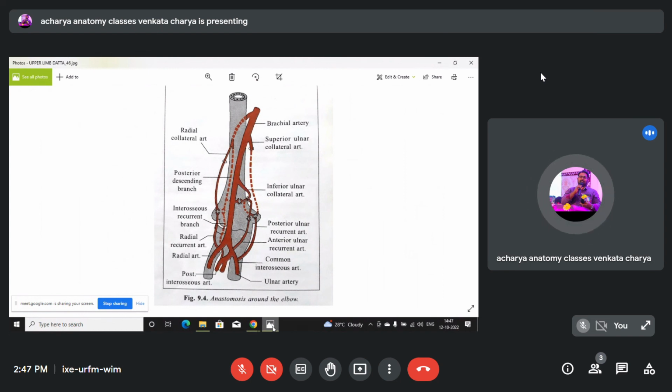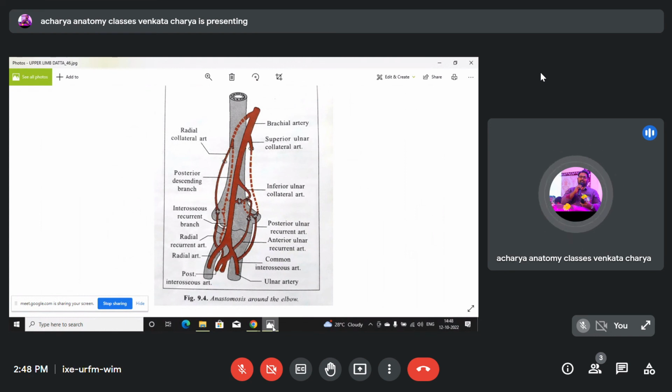You see here, this gives one descending branch and one transverse branch. The inferior ulnar collateral artery gives three branches: a transverse branch, an anterior descending branch, and a posterior descending branch.